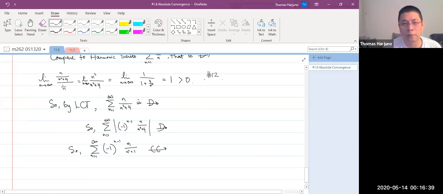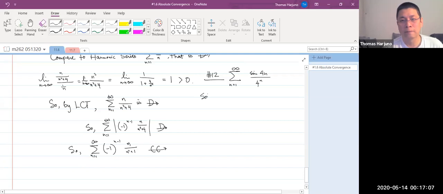Number 12, the series of sine 4n over 4 to the n. I think this is absolutely convergent. Yeah, because the top one is at most 1, right?